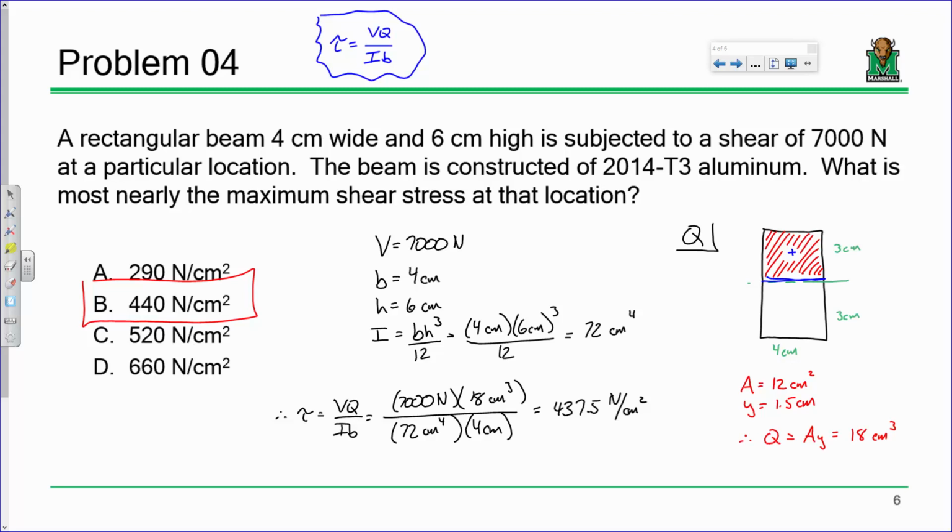We call this equilibrium. We call this compatibility. And we have a real fancy name for this: constitutive relationship. Basically Hooke's law.